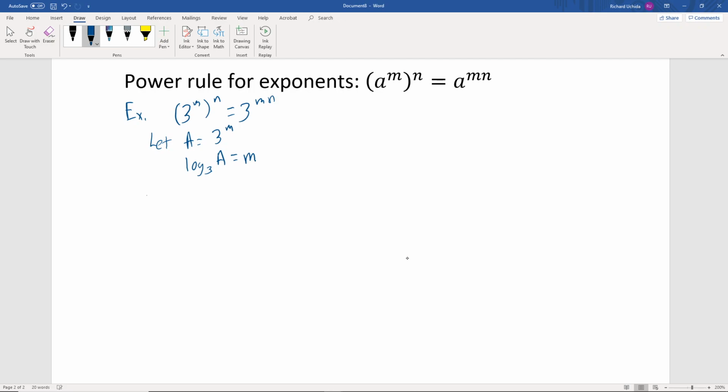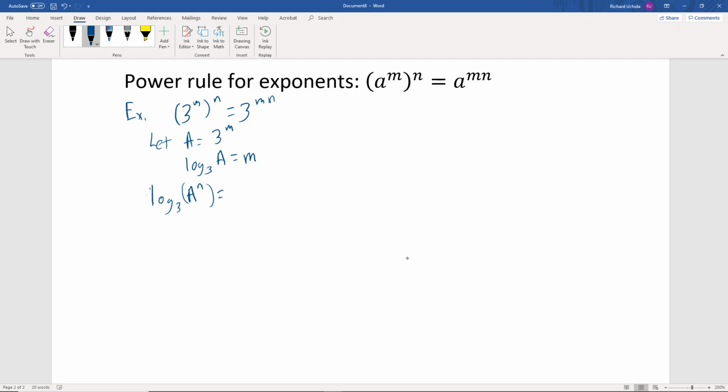So what if we had log base 3 of a raised to the n? What if what was inside the logarithm was raised to an exponent? This is log base 3 of a to the n, which is saying, what do we have to raise 3 to to get a to the n, where a is 3 to the m.